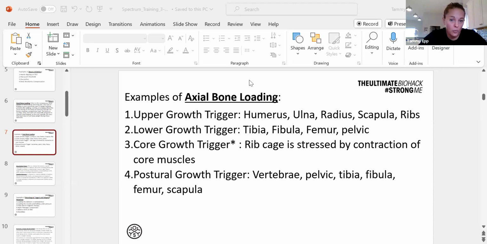So it's super important, but it's just not a lot of axial loading. Postural growth trigger: each little itty bitty vertebra, so here's my little chapstick, they're littler than a pin, but each vertebra has contraction. It has axial loading on it by the pelvis, the tibia, the fibula, the femur, and the scapula.